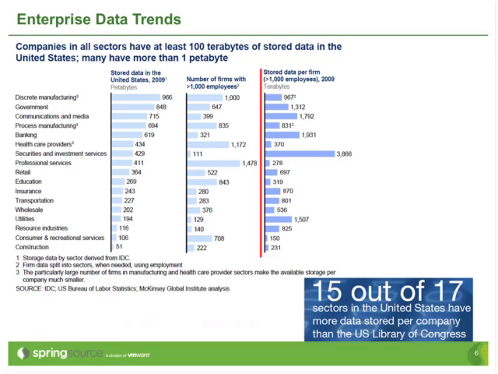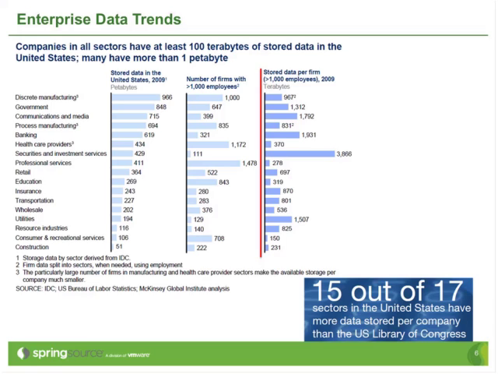As you can see, the first one is discrete manufacturing, then followed by the government, and then communication and media. In the middle, we have the number of firms with at least 1,000 employees, and then on the right-hand side, we have the amount of data stored per employee.